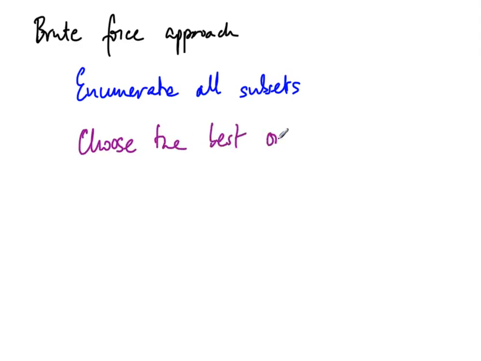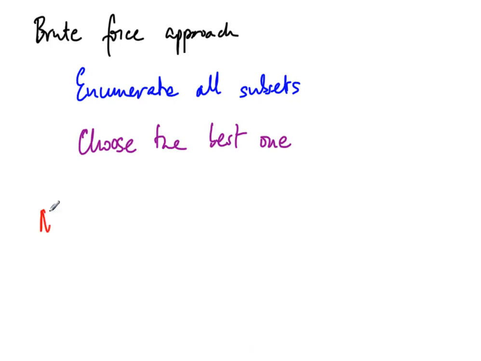So you don't know which contract to do, so you say, I will try all possible sets of contracts, and then among the set of contracts that gives me the maximum revenue, I will pick that one. Or I don't know which set of cartons to put in the container, so I will try all possible sets of cartons that fit, and the one that gives me the maximum value that goes into the container, that's the one I will transport. Now what's the problem with this?